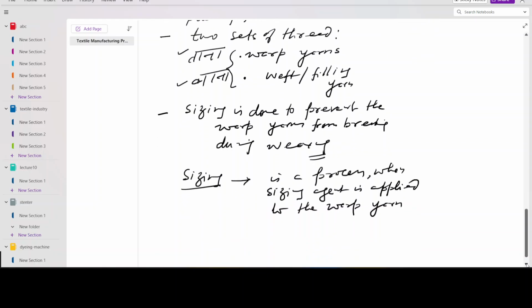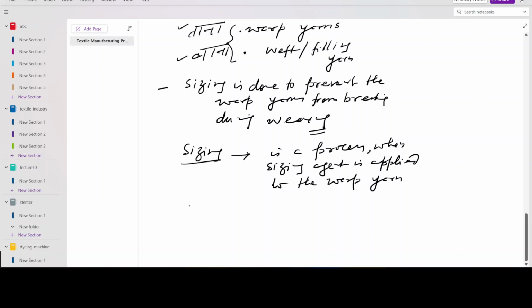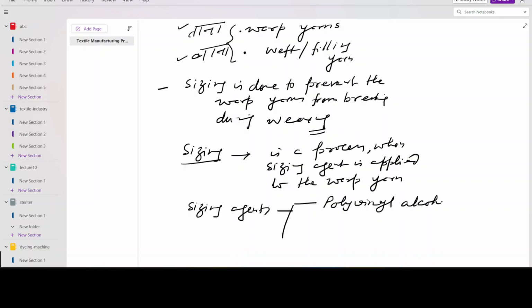It is important to know the name of these sizing agents. What are the sizing agents that are applied? There are many. We are mentioning three only, and you must know it. Polyvinyl alcohol, another is starch, and another is acrylic based.